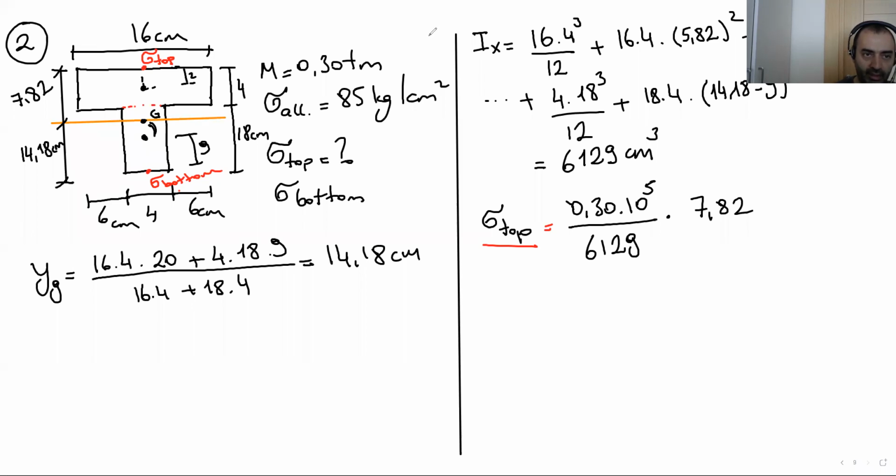Let's write the sigma bottom. This portion is the same. The only thing which is different is the distance part. The distance is to the bottom edge.